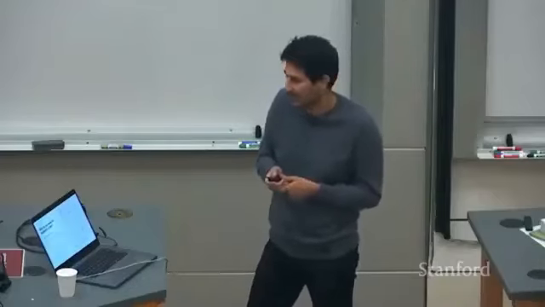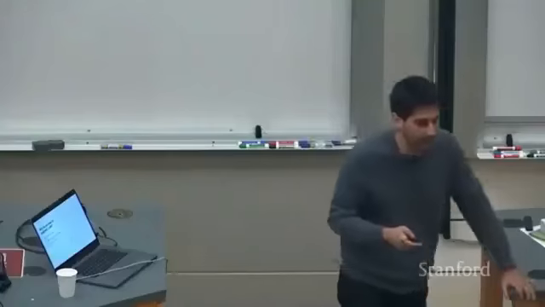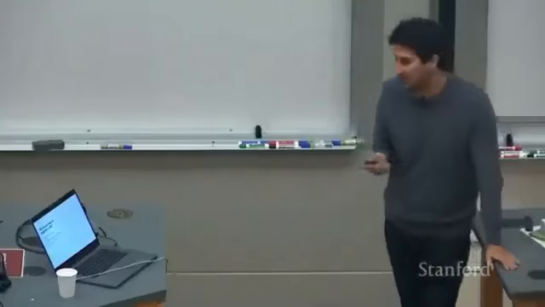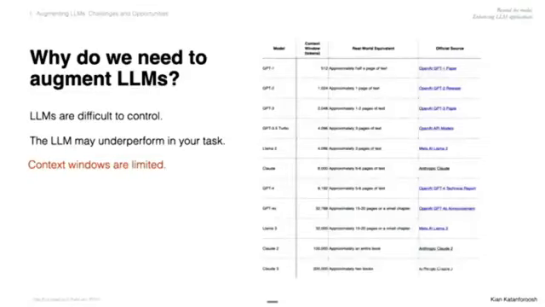Does that make sense? The other aspect around context windows is that they are in fact limited. If you look at the context windows of the models from the last 5 years, even the best models today will range, in number of tokens they can take as input, somewhere in the hundreds of thousands of tokens max.